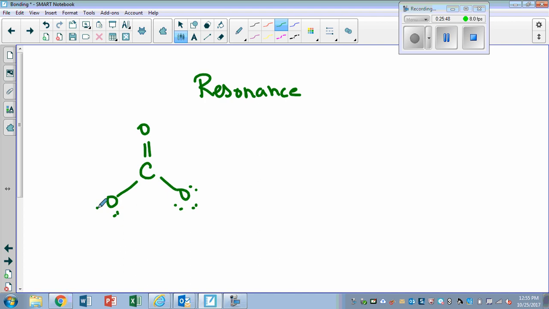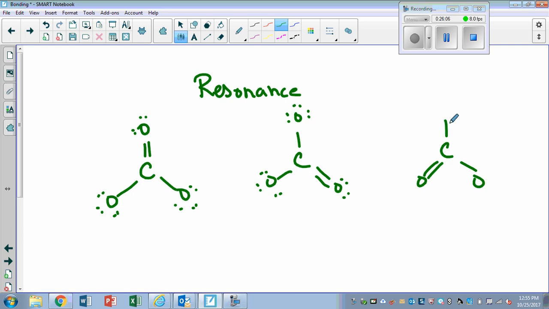So here is one form, and then there is a possibility that that double bond is with this oxygen and not with that oxygen. So that oxygen will take the electrons and the double bond comes here, and then there is a possibility that the double bond is with this oxygen, not these other 2 oxygens. So they have the electrons. The electrons in the bond are kind of floating.